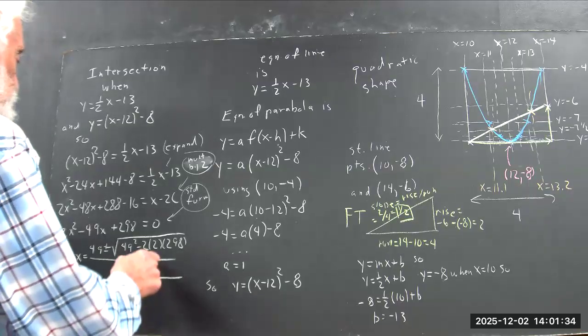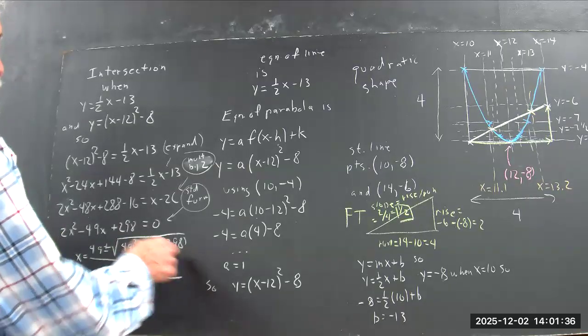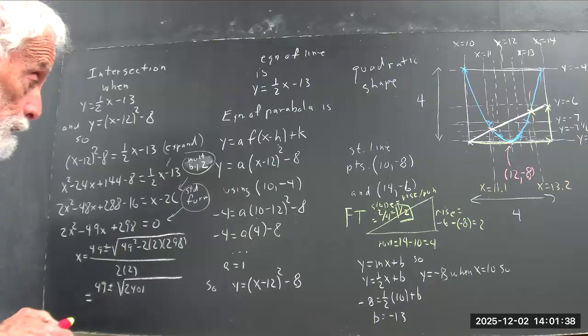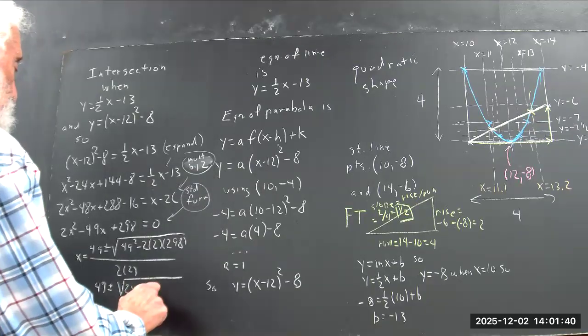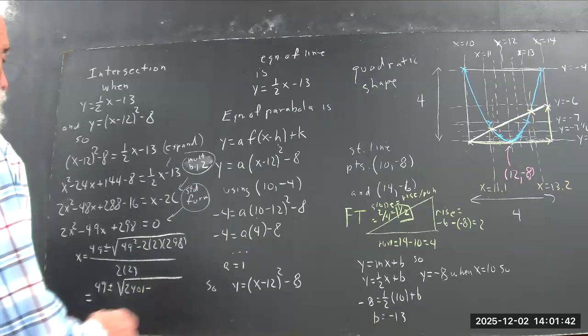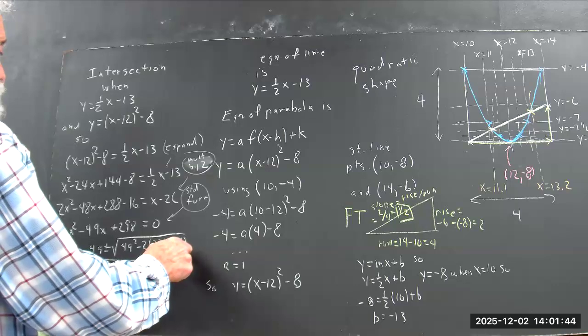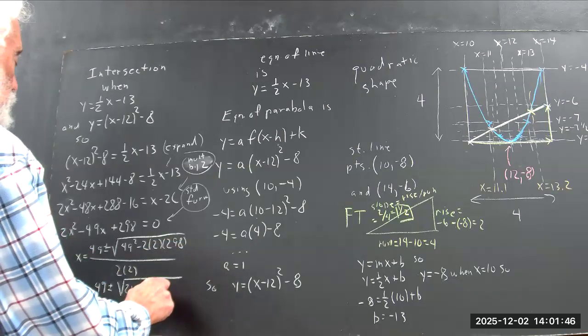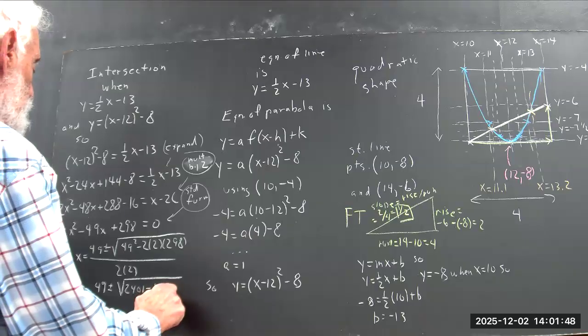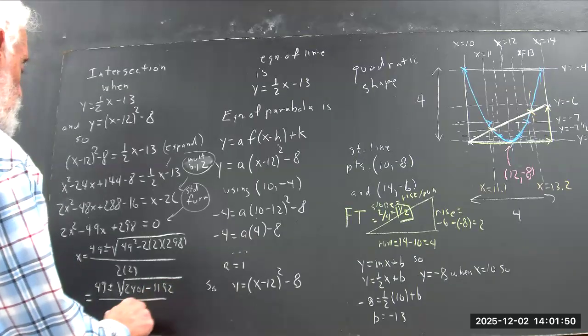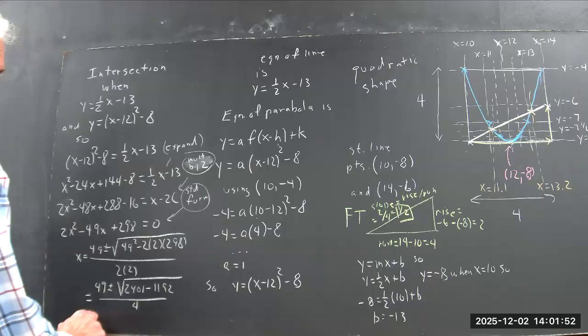Now that's like negative 4 times 300, which would be negative 1,200, but it's going to be 8 less than that, make it minus 1192 over 4.